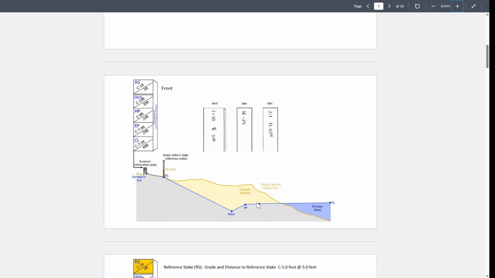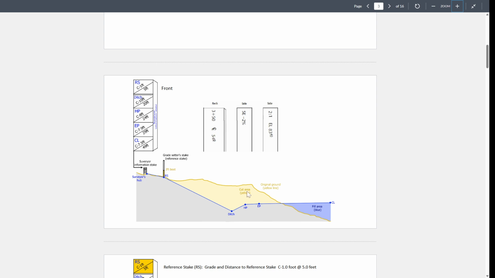Now, how far is this from here to here? Remember, it's a 10th higher. So the vertical is 0.1 feet. Now, let's go back here and see what's going on. 29 feet, right?